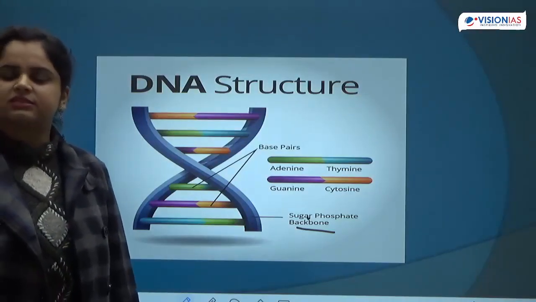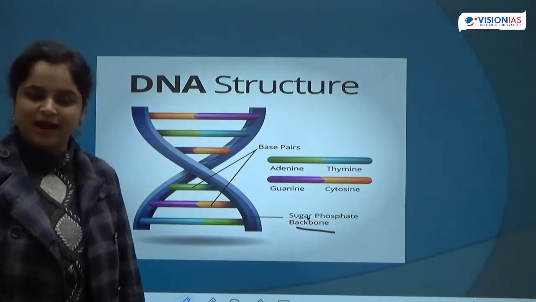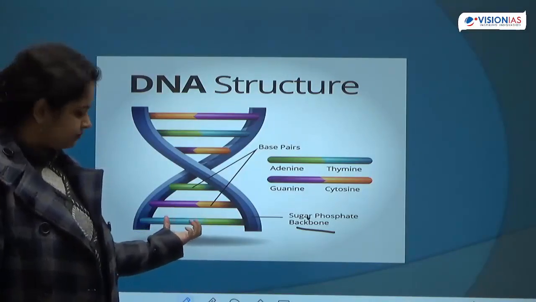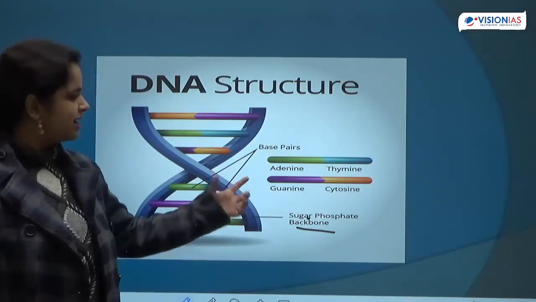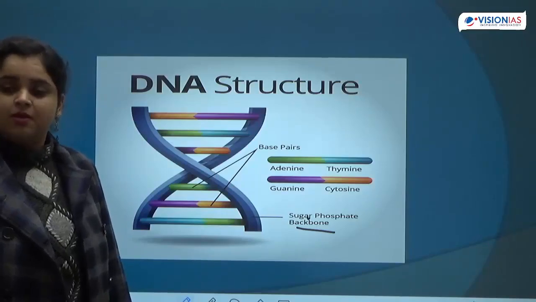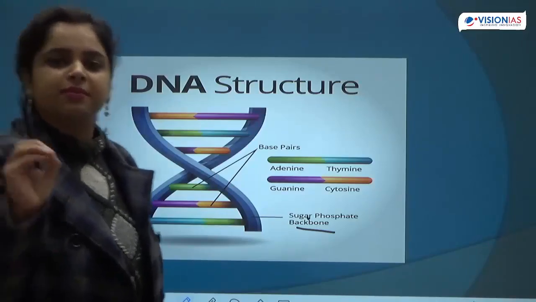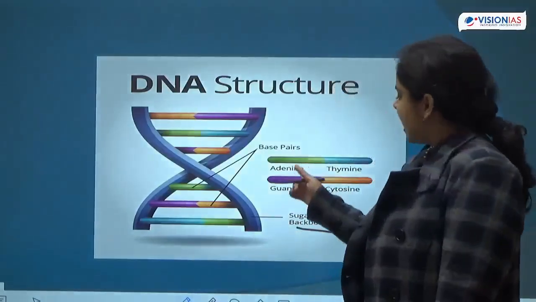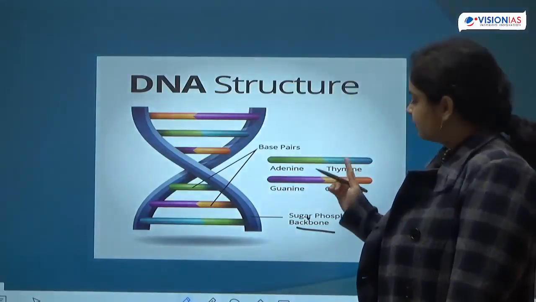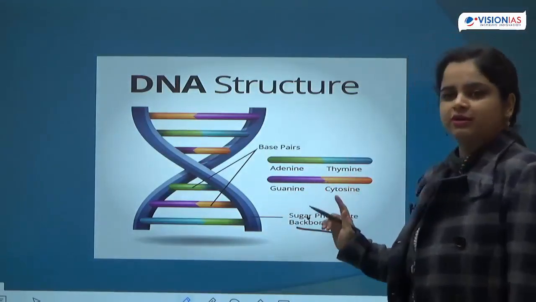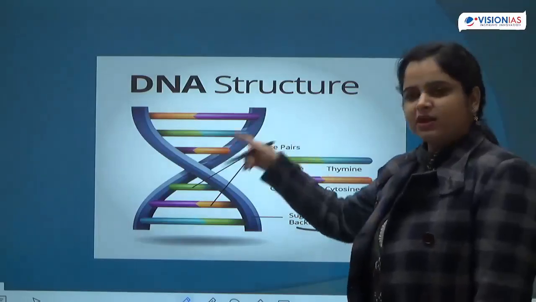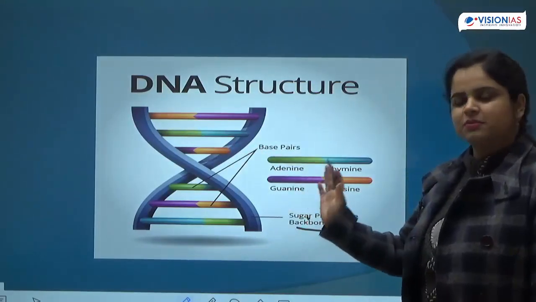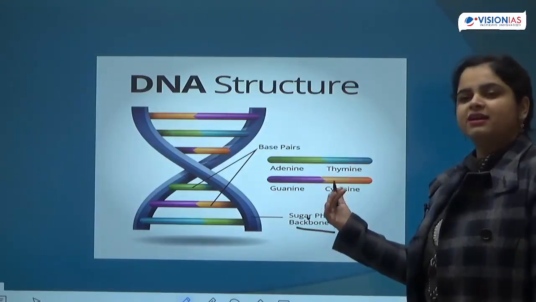In between them, they are joined by the nitrogenous bases using complementary base pairing. Adenine joins to thymine, guanine joins to cytosine. They can be in any order, anywhere in the two strands, but their complementarity is fixed.